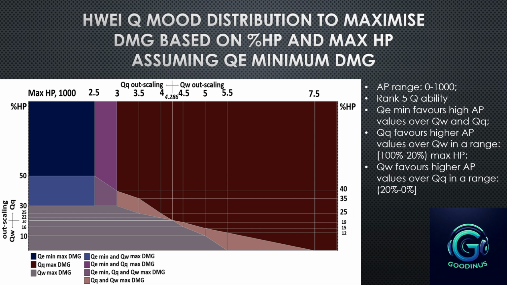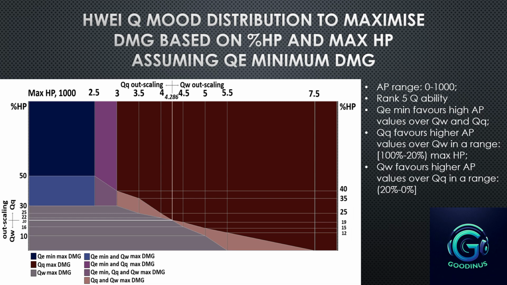The purple region represents where QE minimum and QQ overlap, and the light red represents the overlap of QQ and QW. The region in the middle of all those colors is the region of all three abilities, so basically in that region we have an overlap of all three abilities.